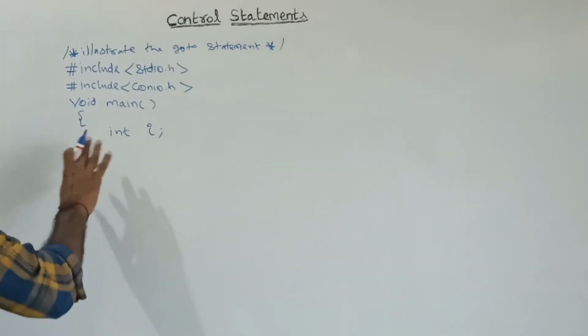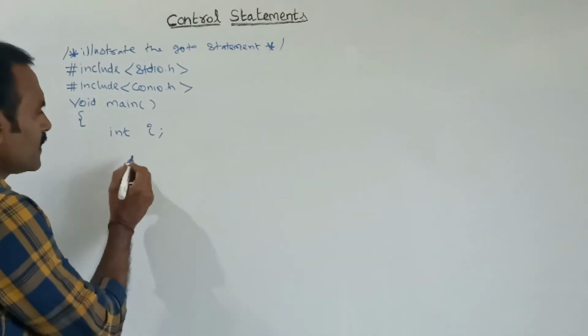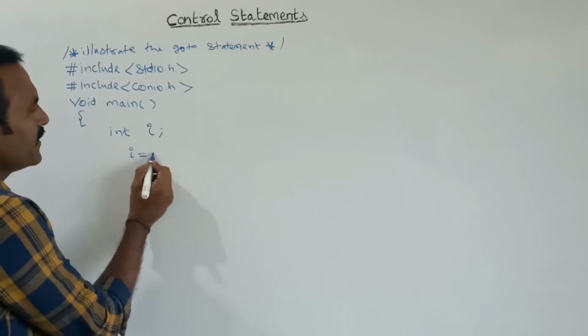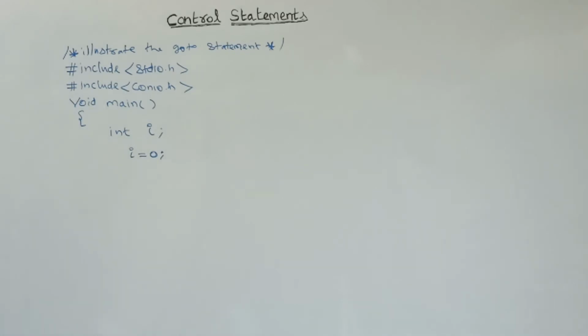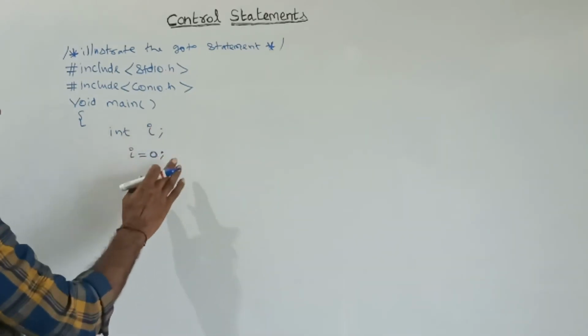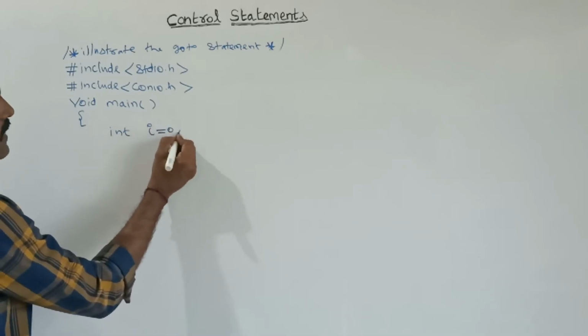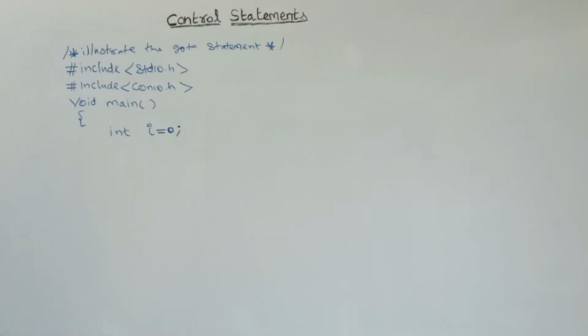Here I have declared the variable I. Next, I am going to initialize this I value to 0. Otherwise, directly when declaring the variable we can initialize the value also: int I = 0.